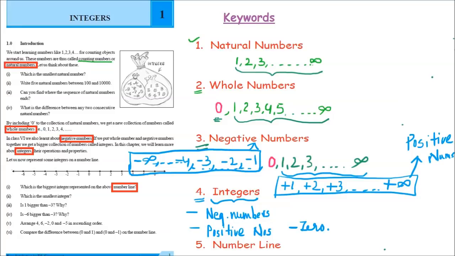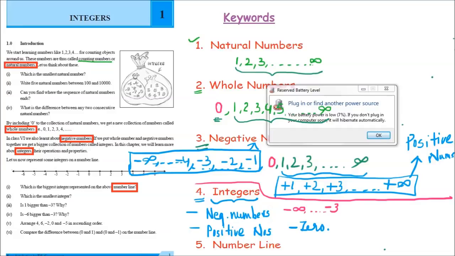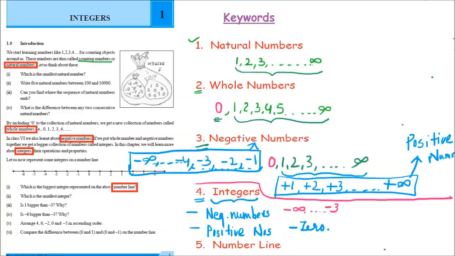Which means basically, I'm going to write it here: minus infinity to minus 3, minus 2, minus 1, 0, 1, 2, 3, so on to infinity.